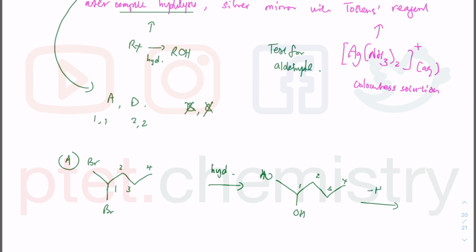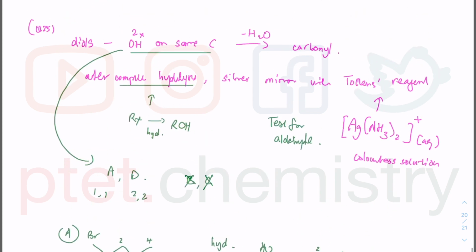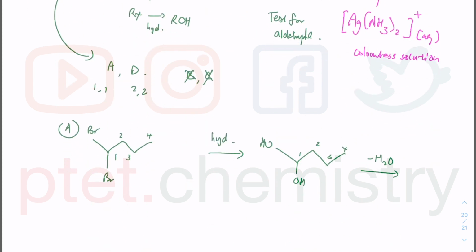Remember that we could kick out 1 molecule of water. That's what the information told us, and we'll get a carbonyl. So if I just kick out 1 molecule of water, doesn't matter where it is, as long as I kick out water, then I'll get, there you go, 1, 2, 3, 4.